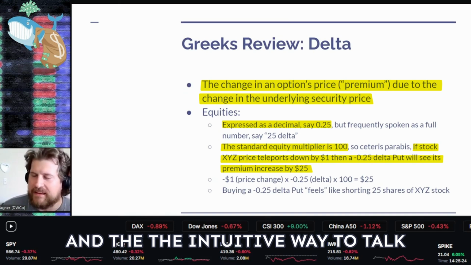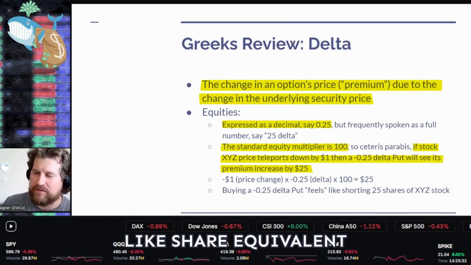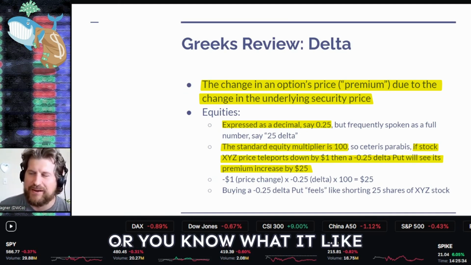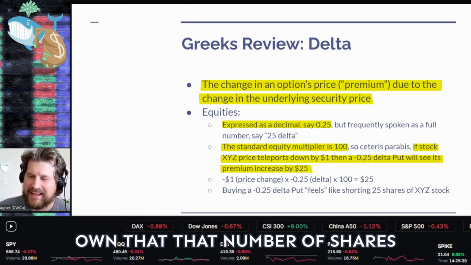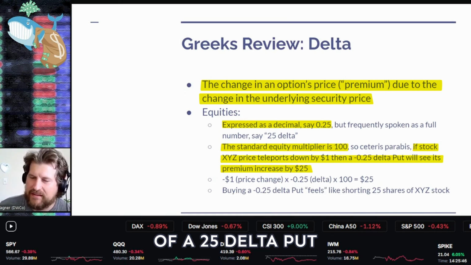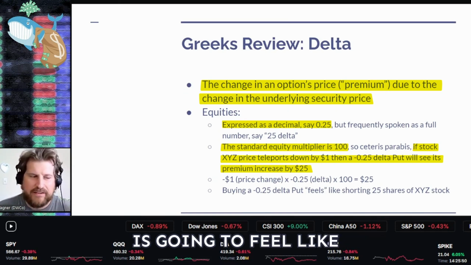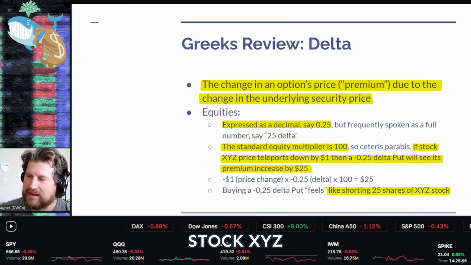And the intuitive way to talk about delta is in terms of share equivalent, or what it feels like to own that number of shares. So the share equivalent of a 25 delta put, which is going to be negative, is going to feel like being short 25 shares of stock XYZ.